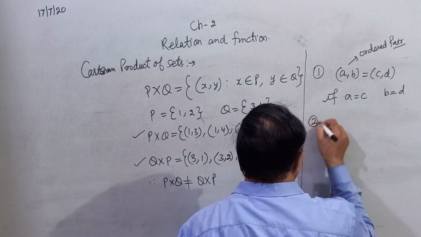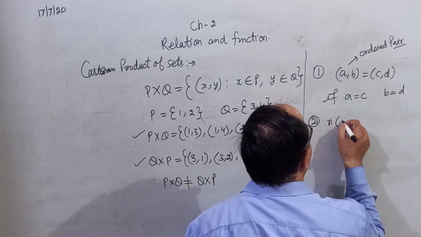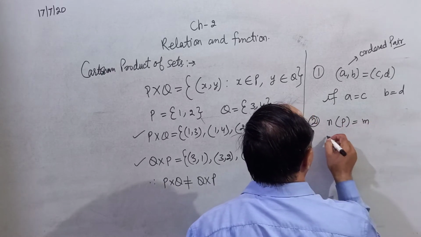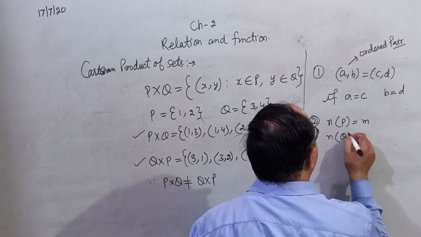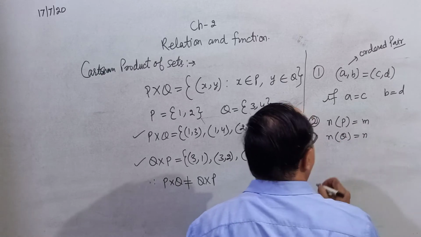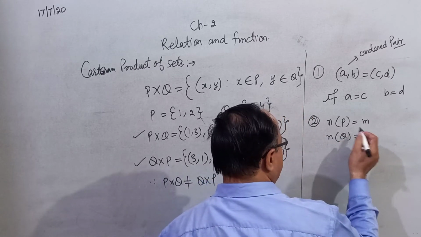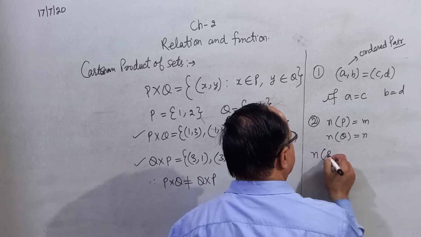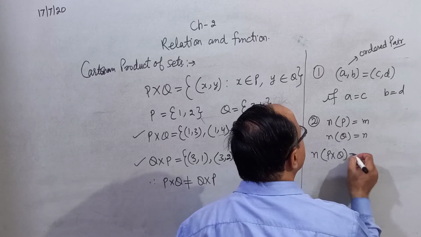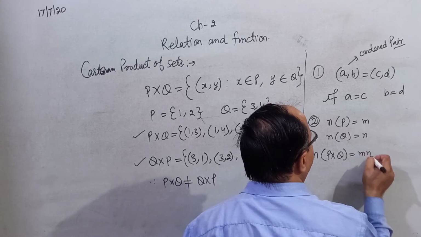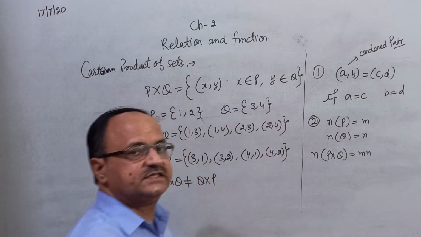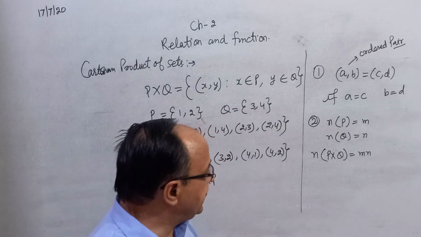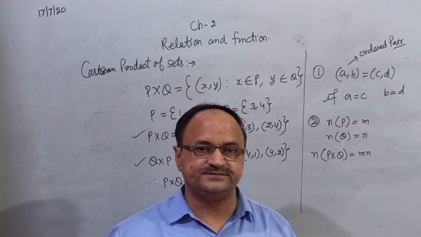Second point, n(P). Suppose n(P) is equal to m and n(Q) is equal to n. If there are m elements in set P and n elements in set Q, then there are mn elements in the set P cross Q. Clear?